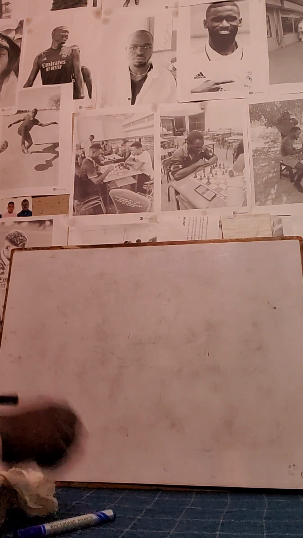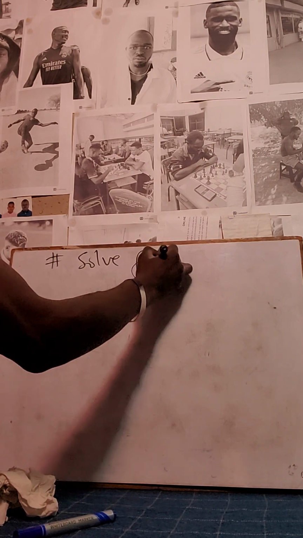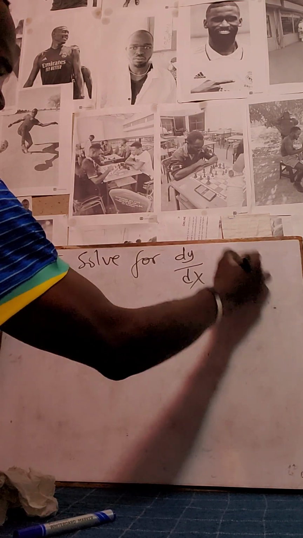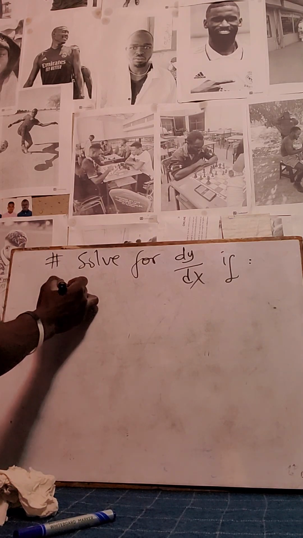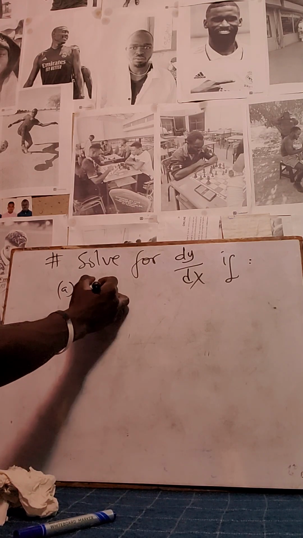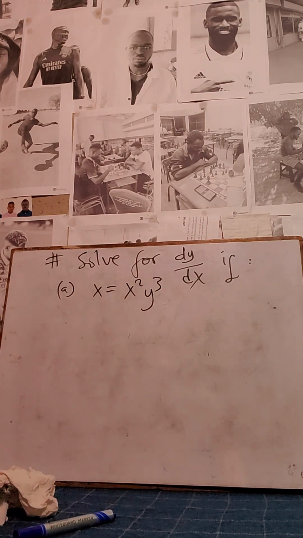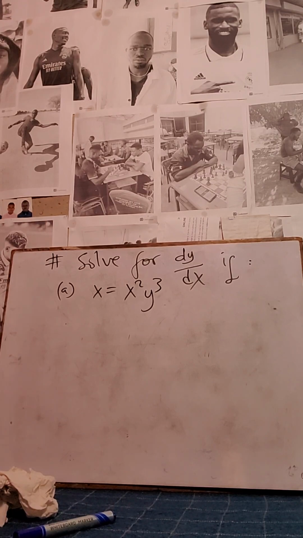The first question says solve for dy/dx. We'll start with part a, which is x equals x squared y to the power 3. That one is an implicit function, because you may make y the subject, but it will be difficult.